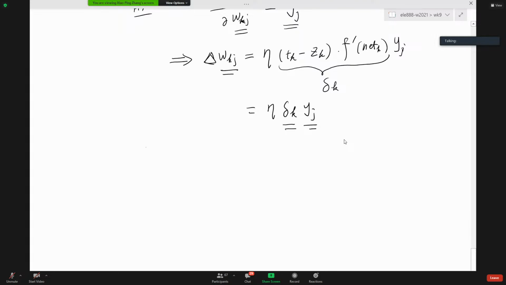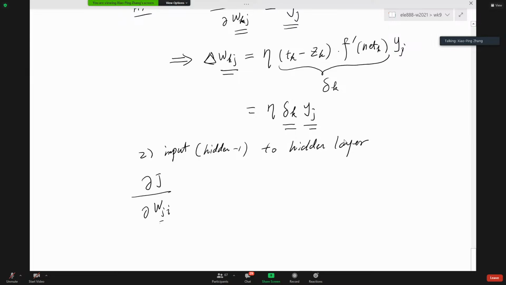The second step, from the previous hidden layer to the current hidden layer. What is that? That is partial J, partial wji. This is the j's hidden node. Its output is yj, its linear output is netj.